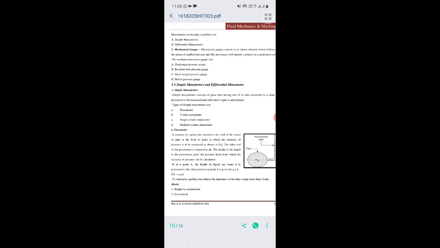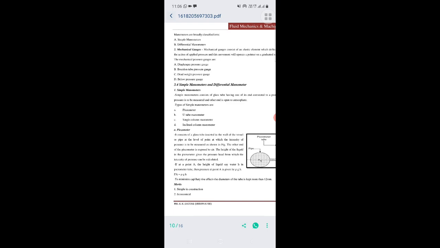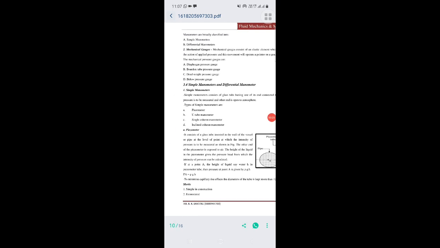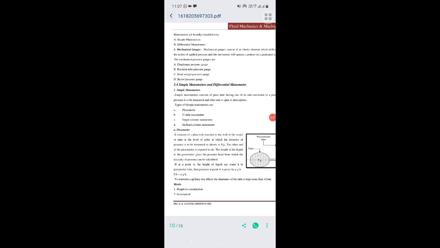Merits of the piezometer: simple in construction, economical. Demerits: not suitable for high intensity of pressure. Again, I repeat: the piezometer consists of a glass tube inserted in the wall of the tube or pipe at the point where the intensity of pressure is to be measured, and the other end is exposed to air.